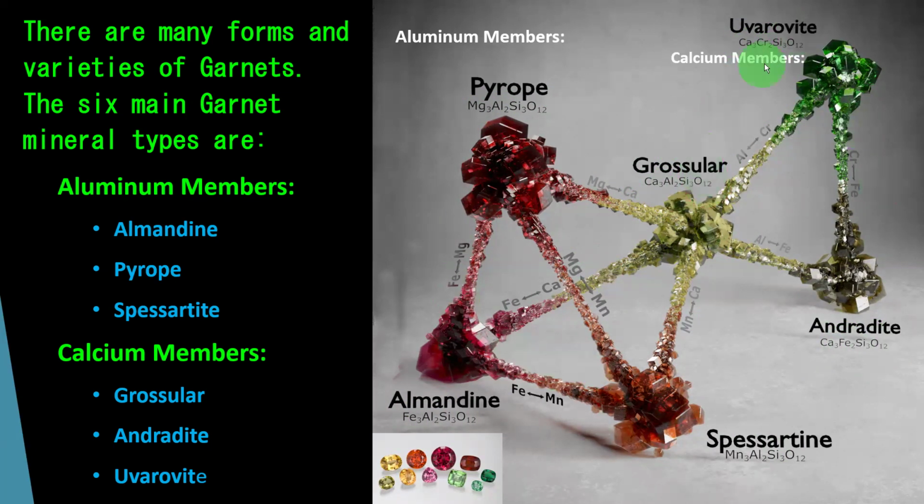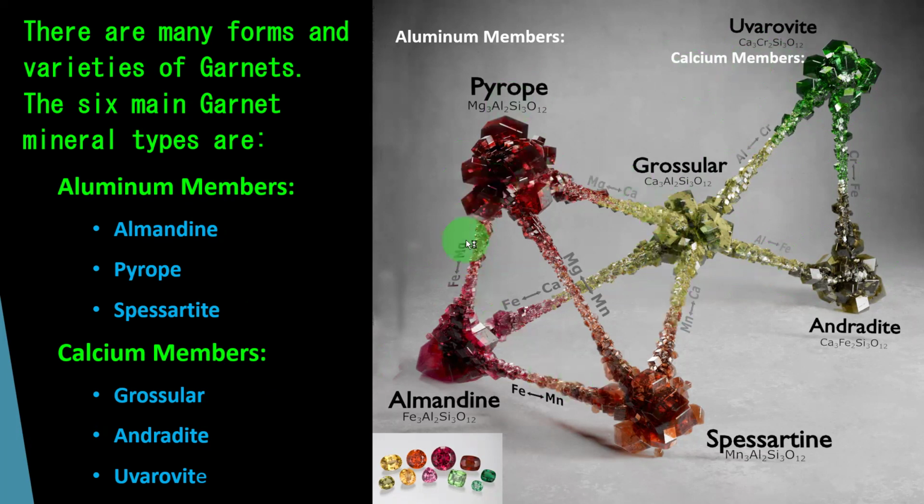So, all 3 members are equipped with calcium. So, we can tell them as calcium members. So, we can categorize the 6 into 3 aluminium members and 3 calcium members. What are the 3? Grossular, andradite, uvarovite. You can understand separately. Now, these 3 are calcium members.